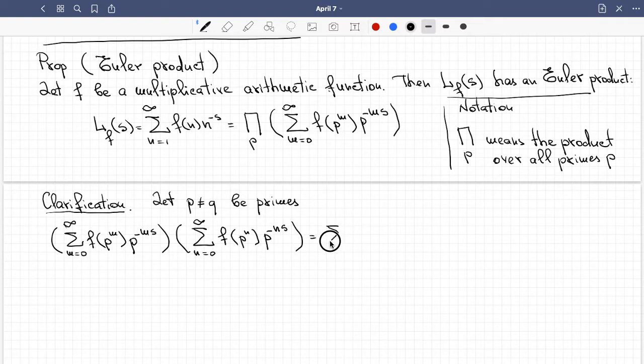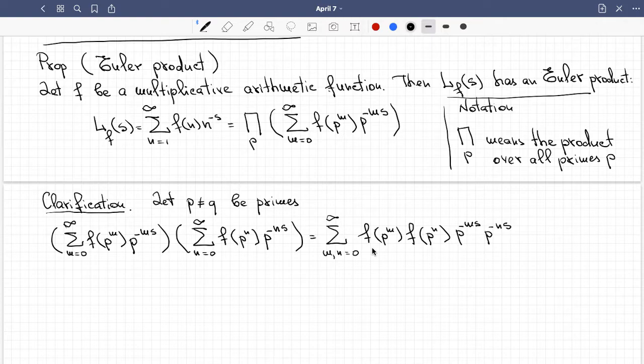In this way, we get a double sum over m and n from 0 to infinity, f of p to the m, f of p to the n, p to the minus ms, p to the minus ns.